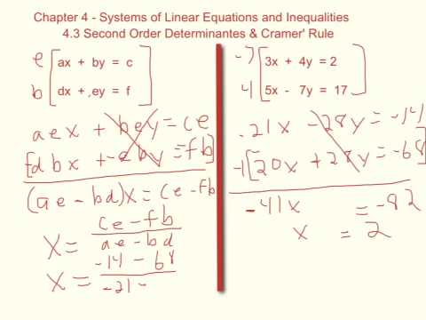B d, 4 times 5, 20. That equals negative 82 divided by negative 41. X equals 2.